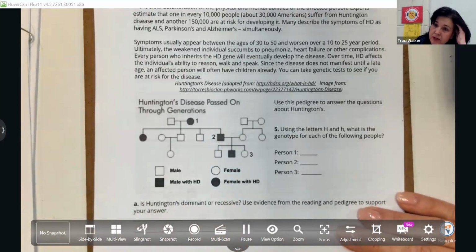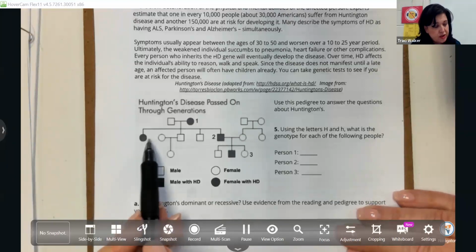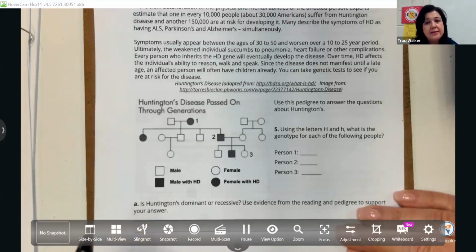So the answer to that question is no. There's nowhere on there where a child is affected and neither of their parents are affected. So it's not recessive. And so therefore we know it's also not X-linked. We've got two females and two males equally distributed. So it is dominant, autosomal dominant.